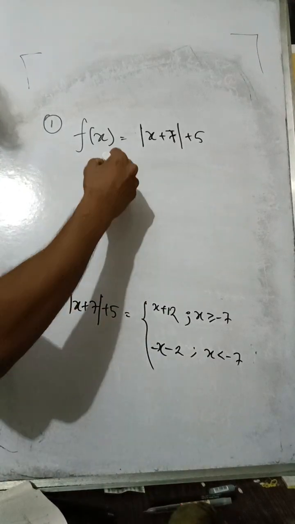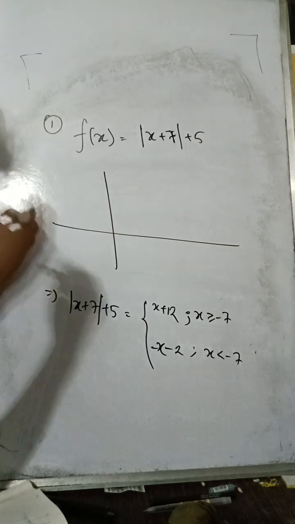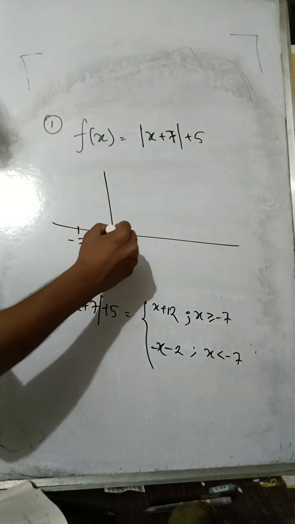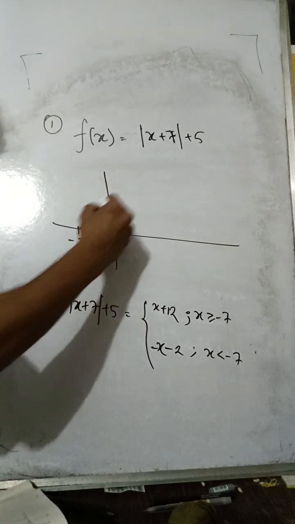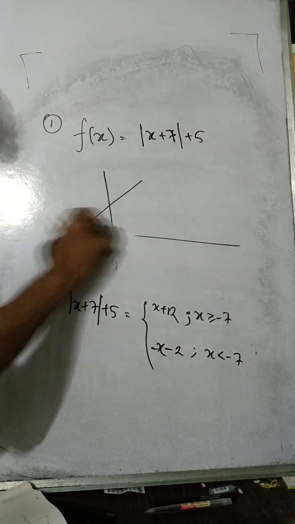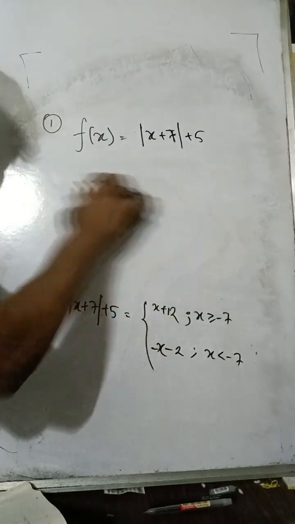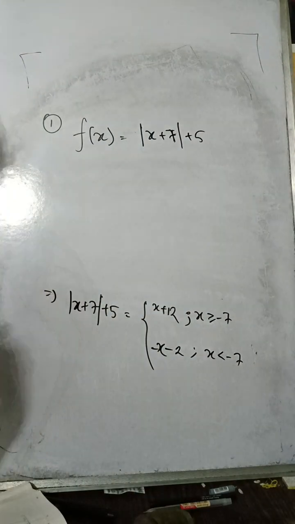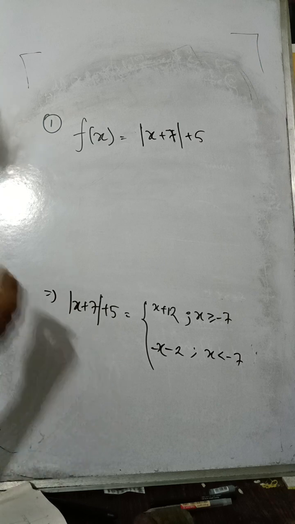So this function will look something like this, that at minus 7, suppose this is minus 7, this is origin.